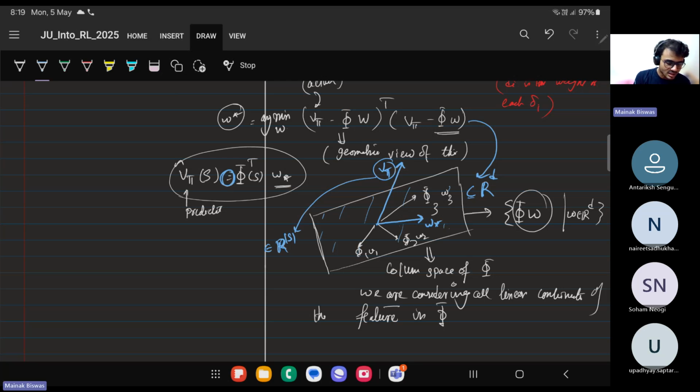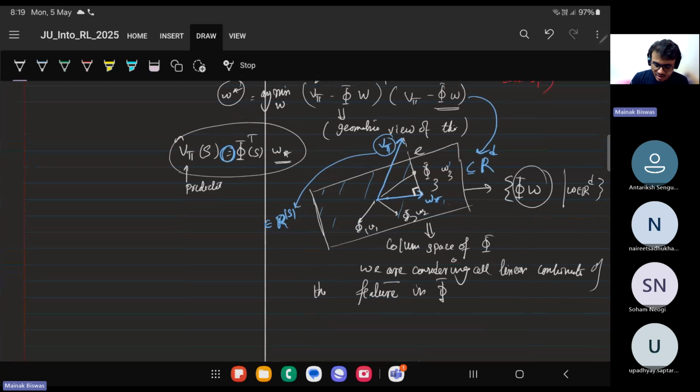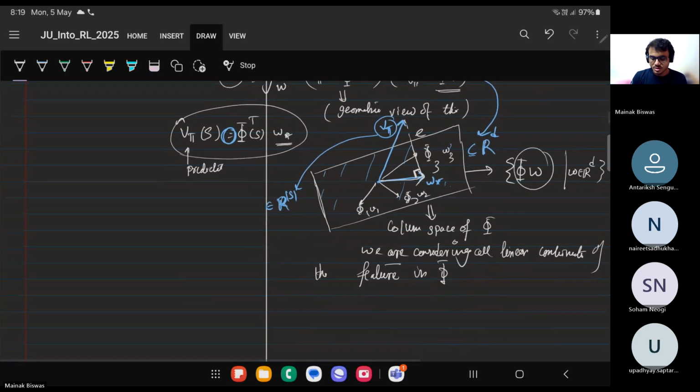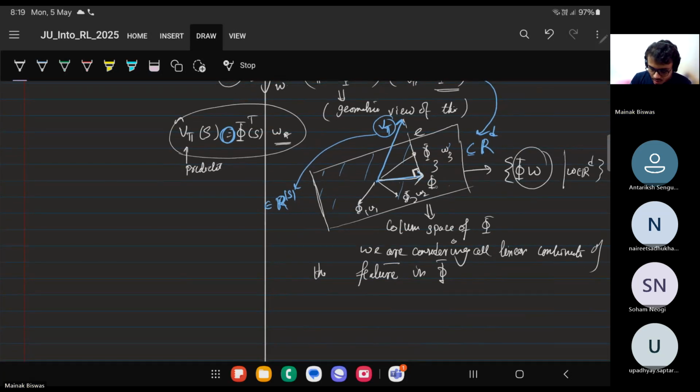What we'll get is the mean squared error, so we will minimize this error. V pi is this vector. This is the linear combination, phi W star. So what is the error vector? Can you tell me? V pi(S) minus phi transpose W star.